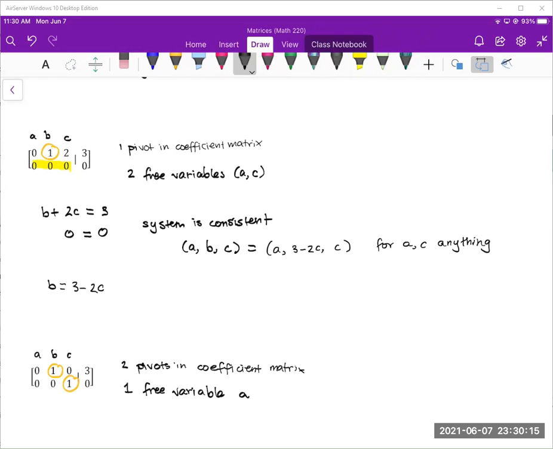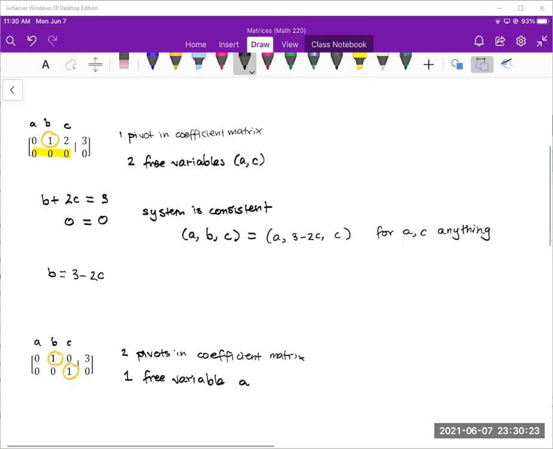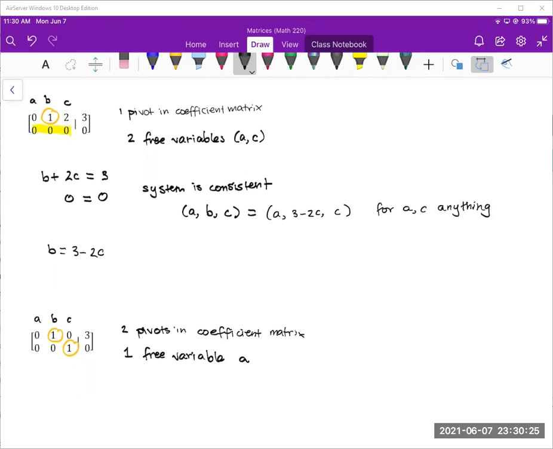And now let's write down the system that corresponds to this matrix. We can read this off. We have that 1b equals 3 and that 1c equals 0. Okay.